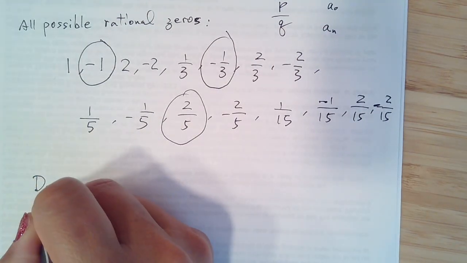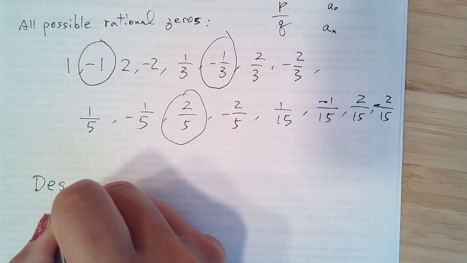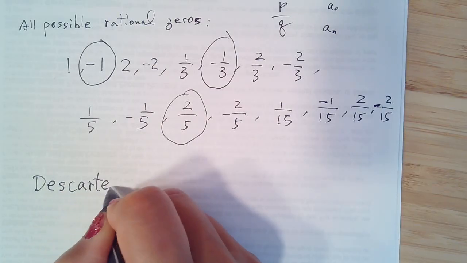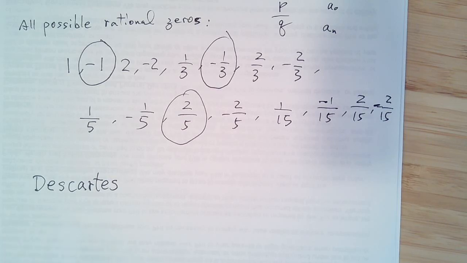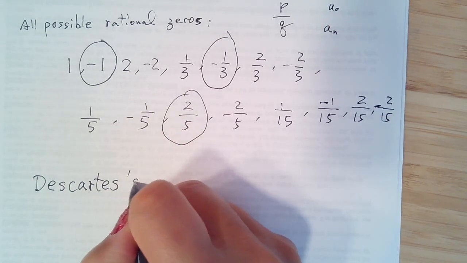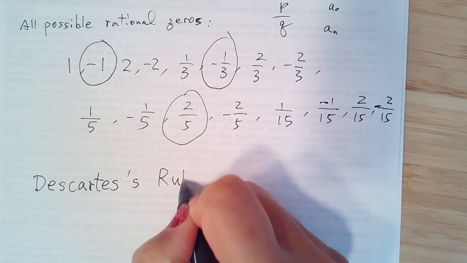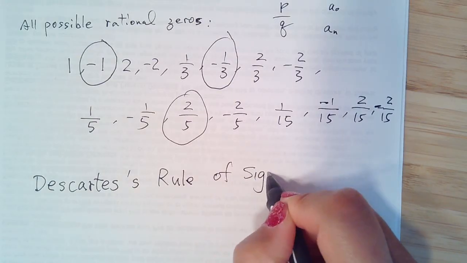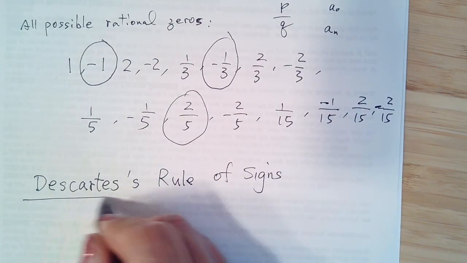This is a French guy, I believe, and that's a silent S. This is Descartes' rule of signs. This is another very important thing you've got to know.